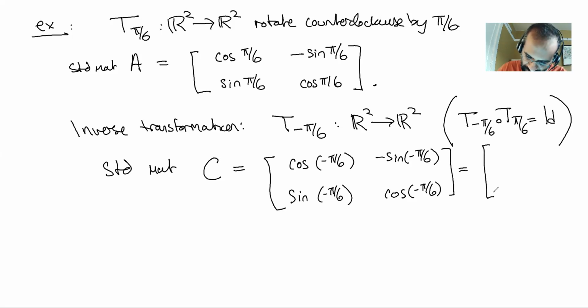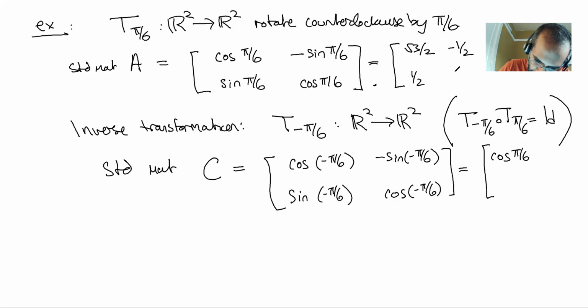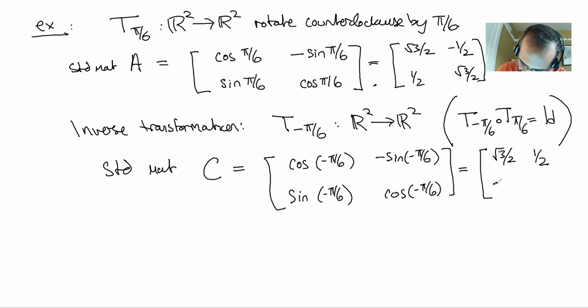Let's just be very concrete here. We know what these are. For the first matrix, cosine pi over 6 is square root 3 over 2, sine pi over 6 is a half. And we can do the same for this. Cosine minus pi over 6 is square root 3 over 2. Minus sine minus pi over 6 is a half. Sine minus pi over 6 is a minus half. And this is square root 3 over 2.